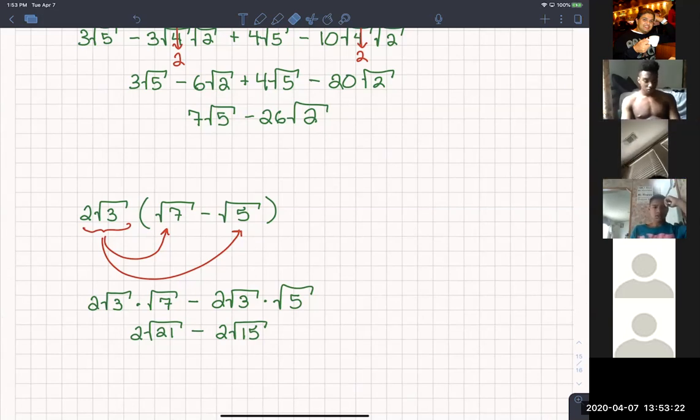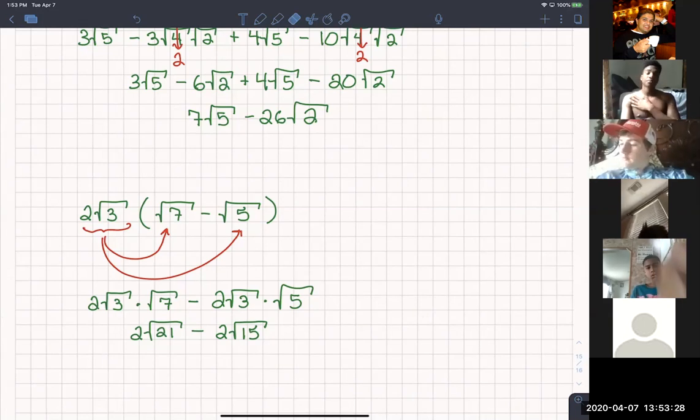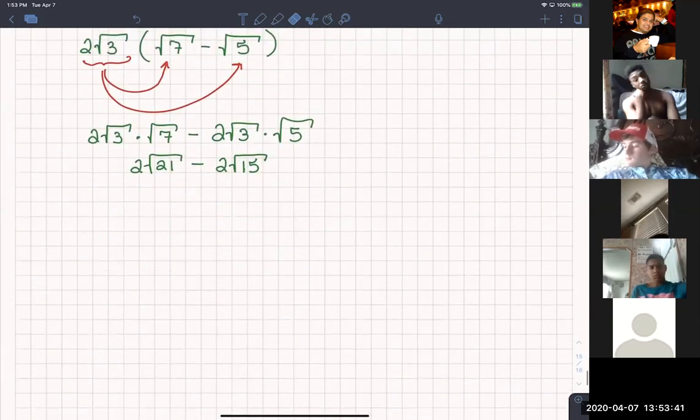Any questions I can cover? It's like having a 4 root 7 minus 3 root 28. Okay, 4 root 7 minus 3 root 28.